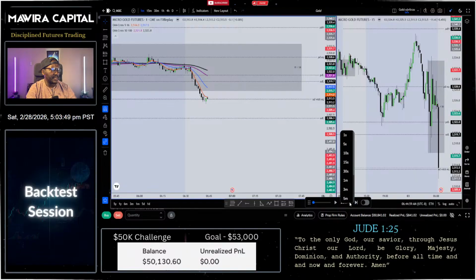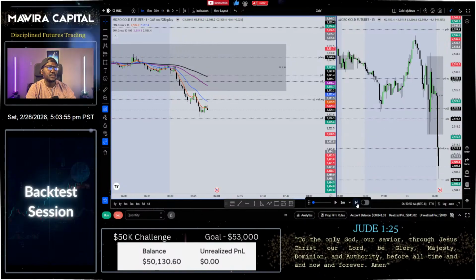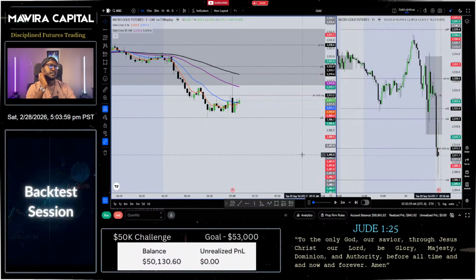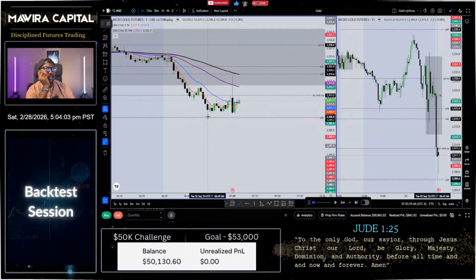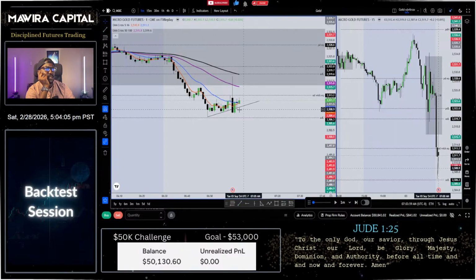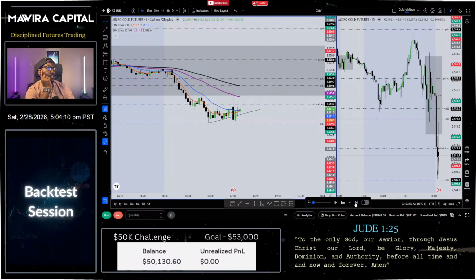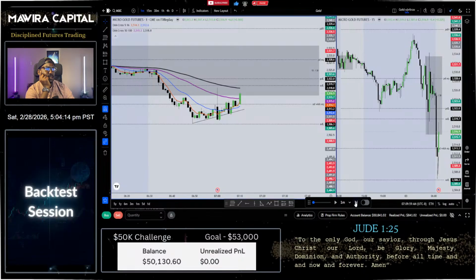Okay, let's run this with the 1 minute. Let's see how this goes. Oh boy. Okay. That should have been an entry, especially when we close below. So let me see. If we get another close, I will take that trade.